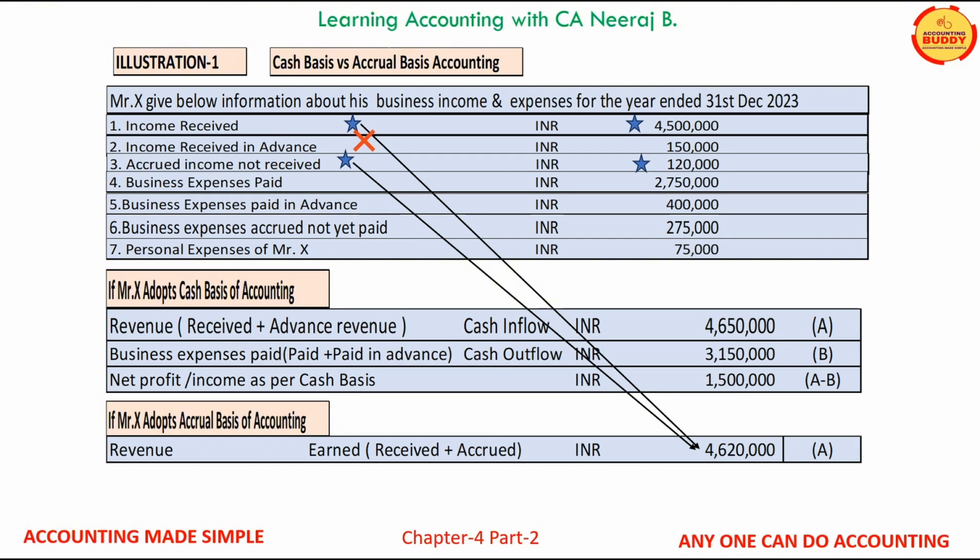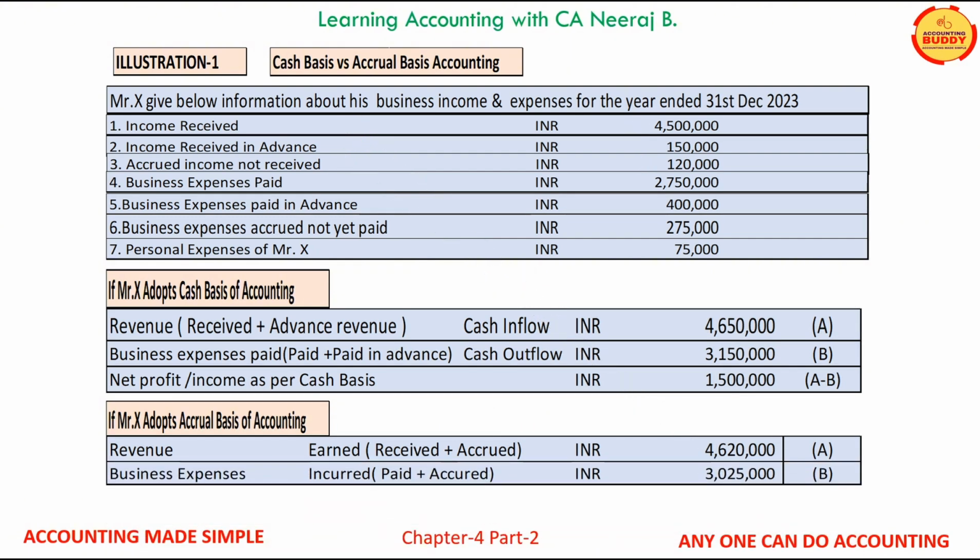Now for business expenses, 3.025 million will be considered, which comprises of 2.75 million business expenses paid and 275,000 business expenses incurred but not yet paid. Please note that expenses amounting to INR 400,000 paid in advance will not be considered under accrual basis of accounting.